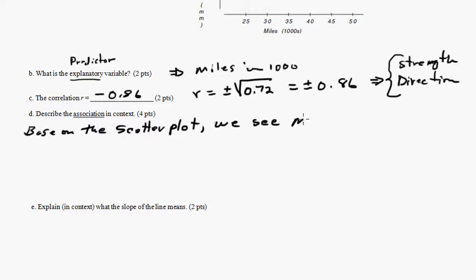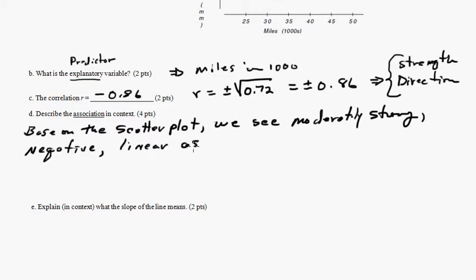We see a moderately strong, and if you said strong, that would be okay. I'm not going to be too picky about that, but a moderately strong to strong negative, you need to say direction, and then tell me if you think it's linear or not. Linear association.